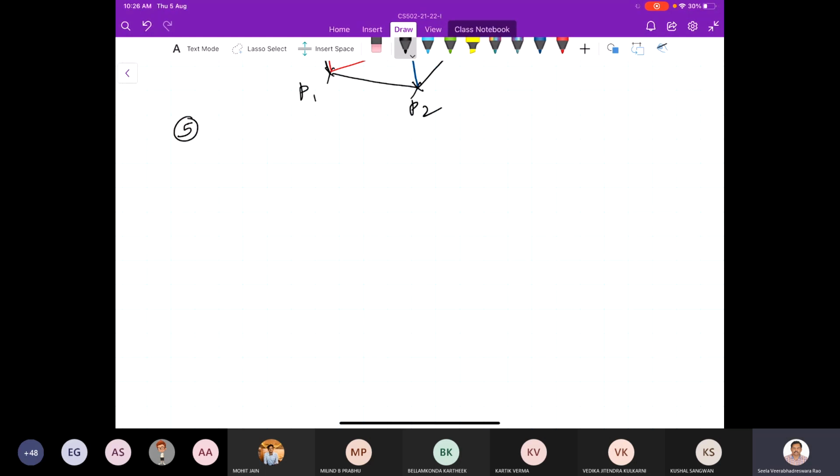The convex hull of this set of points S is nothing but the intersection of all convex sets that contain S.